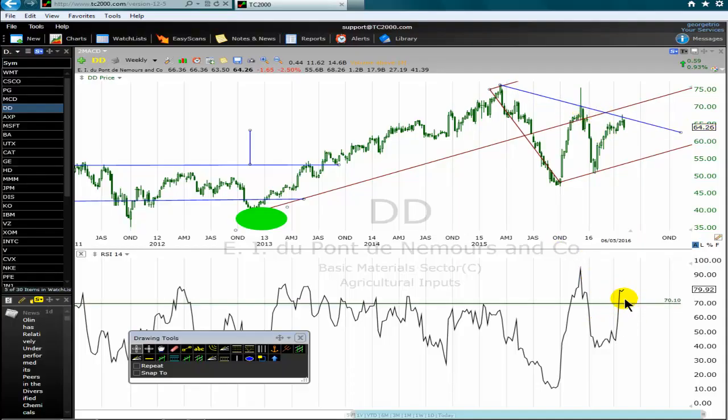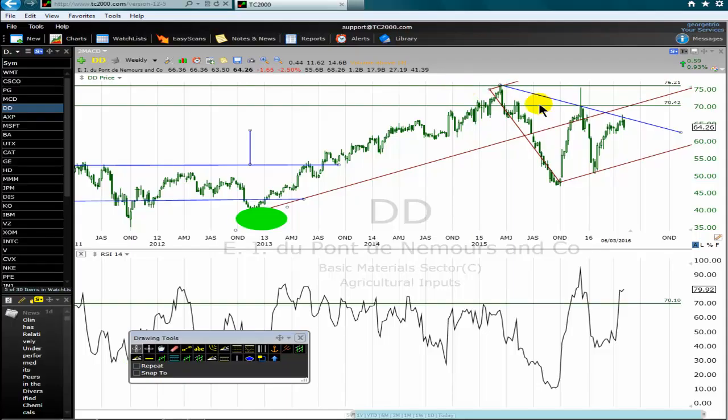So the RSI is in the overbought zone. If the RSI is in the overbought zone, we need to pay attention to the resistance levels. Very important: any momentum oscillator that becomes overbought, one will draw the resistance levels, including the normal horizontal resistance levels and also the trend lines that are resistance levels.